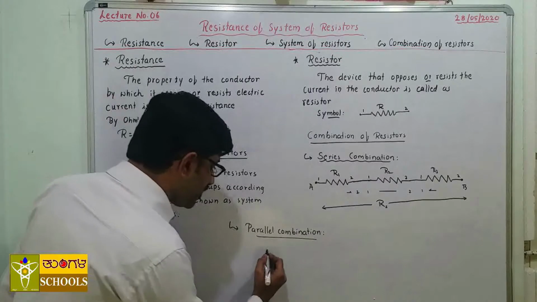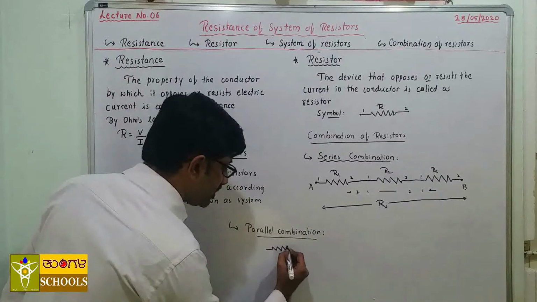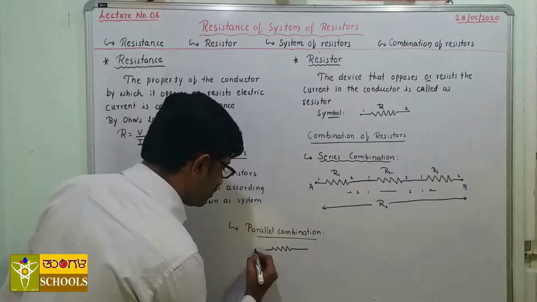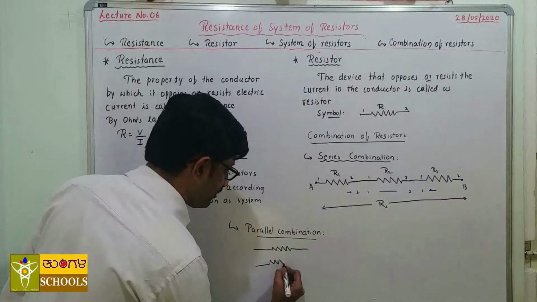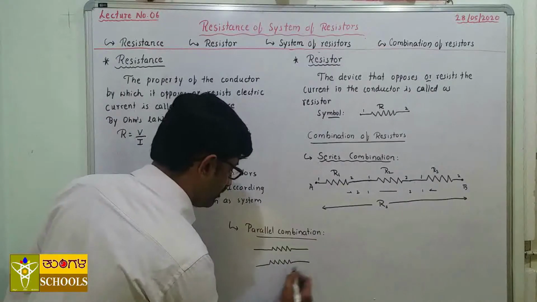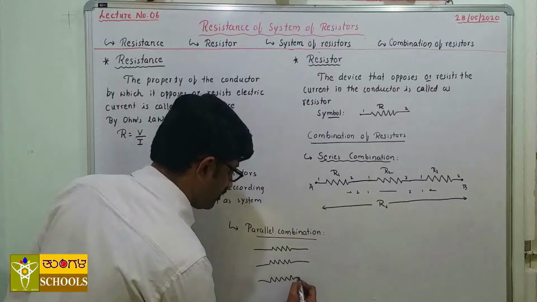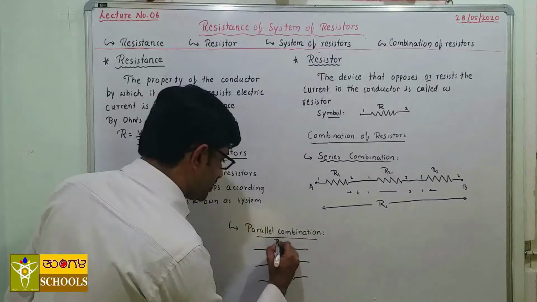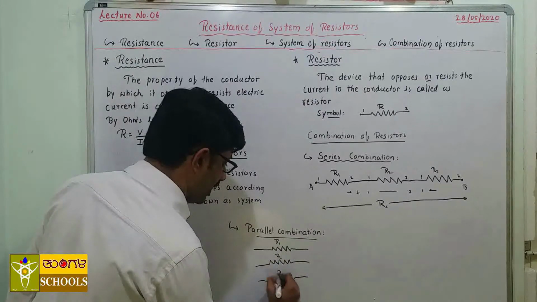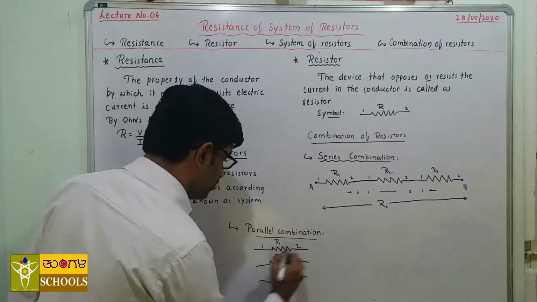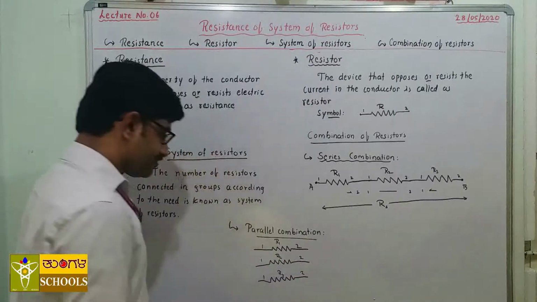Now for parallel combination, again we are taking 3 resistors. We name them R1, R2, R3 again, with ends 1 and 2 respectively.